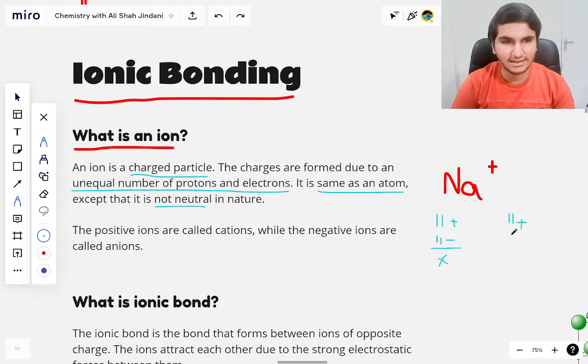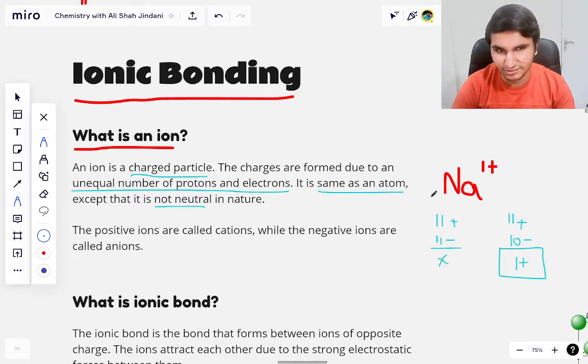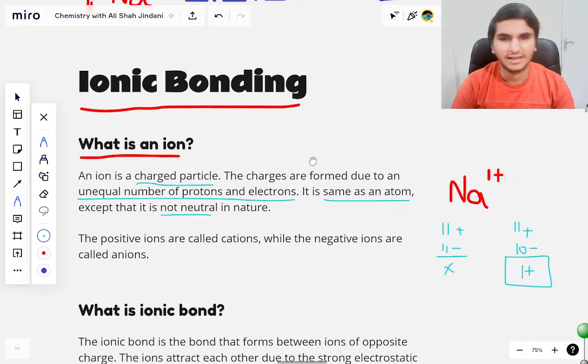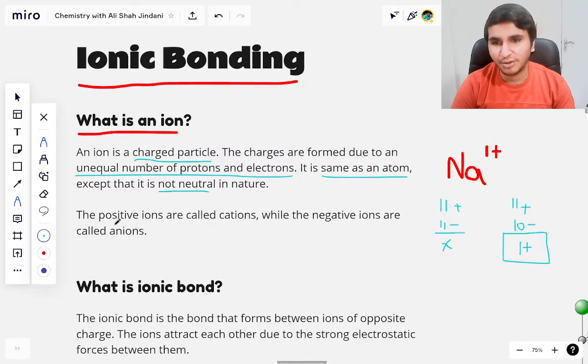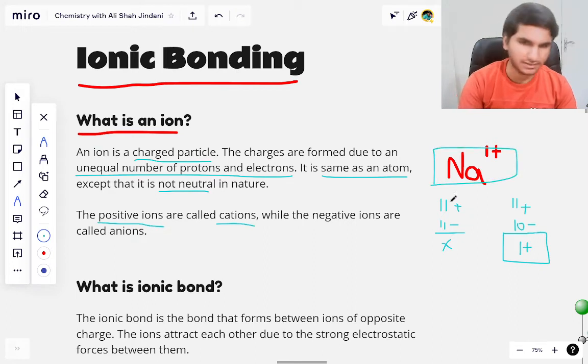We get 10 electrons, which is why we are left with a positive charge, because if you remove electrons, you are going to get more protons, which means more positive charges. So the sodium that we discussed earlier is positively charged, and these positive ions are called cations. So this sodium ion is known to be a cation.